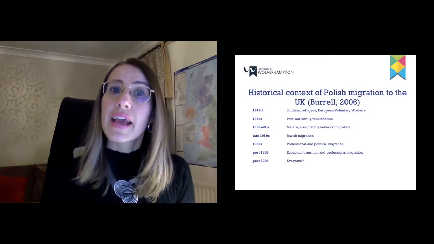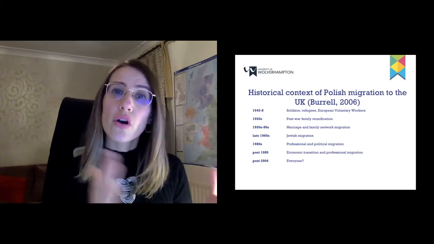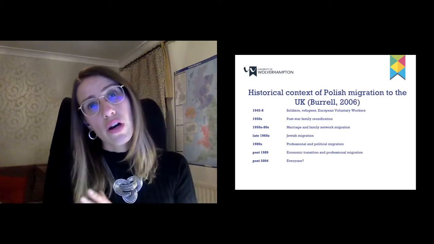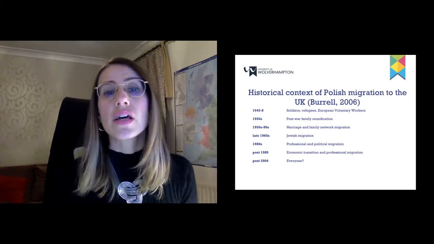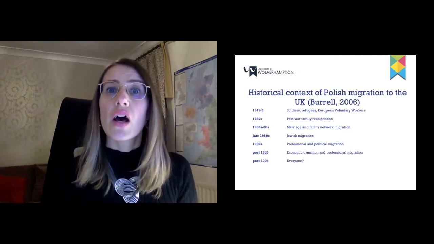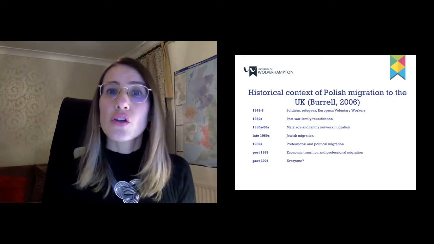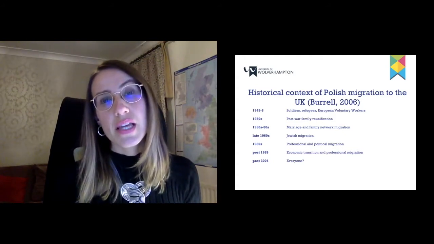After 1989, that is the year of the transition from the non-democratic regime in Poland to the democratic regime, is when the economic and professional migration starts. It was hugely undocumented because of the migration regimes.